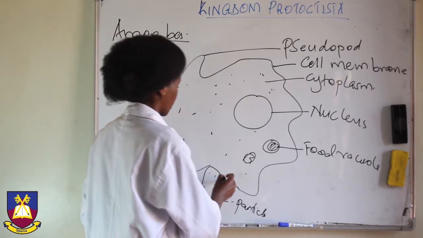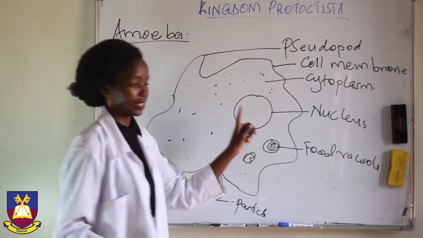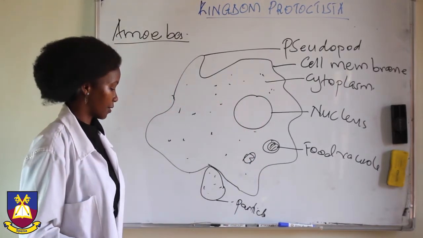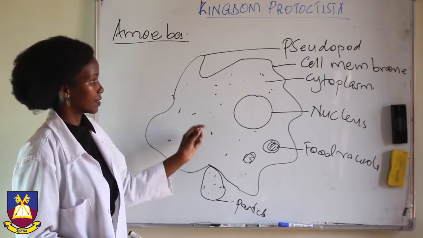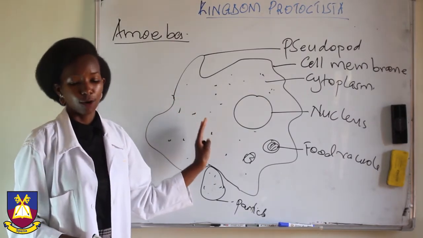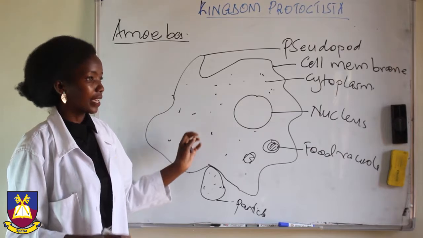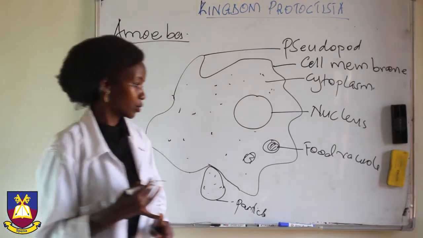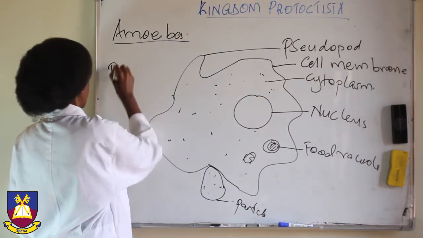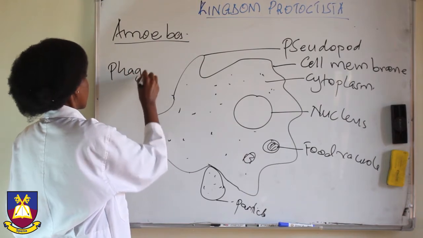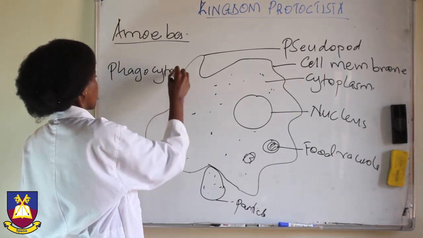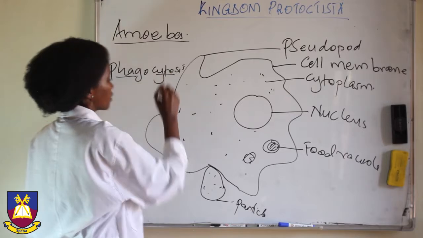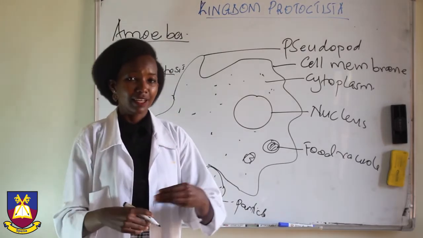And this food vacuole is where the digestion takes place so that it gets the benefits out of it. Okay. Now, this is the structure of the amoeba. It feeds by what we call phagocytosis, which is literally cell eating, engulfing.